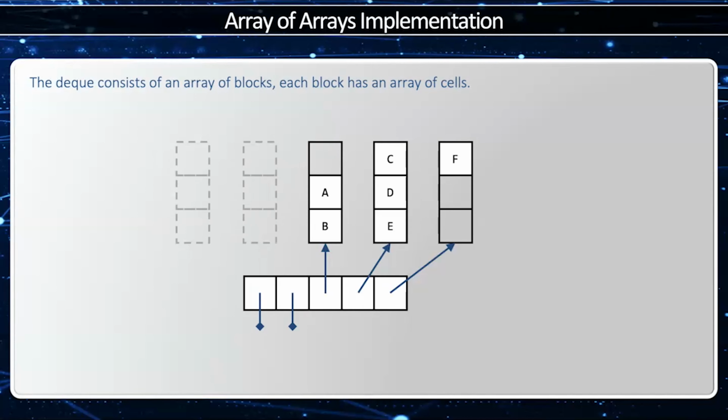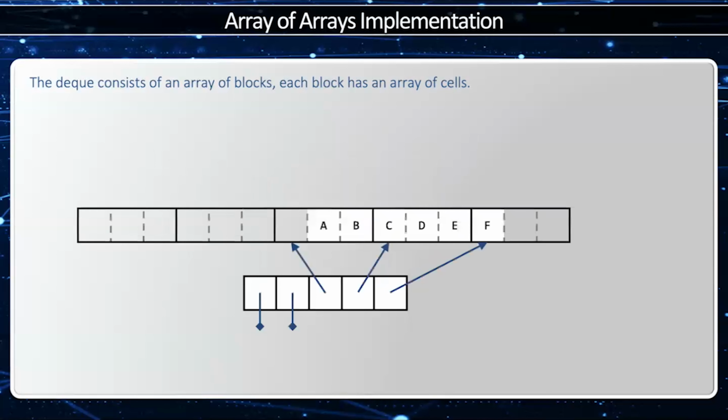I can even represent the same thing by stacking all the blocks side by side. This is exactly the same Deque we had before, but perhaps a little more intuitive to see. Here I have my Deque indices 0, 1, 2, 3, 4, and 5. Once again, D is Deque index 3, and I call it ID for Deque index.